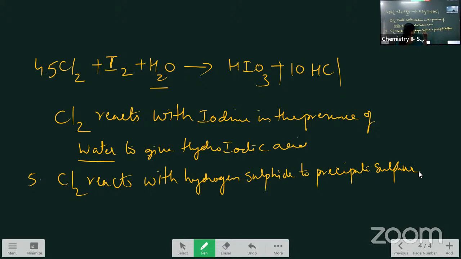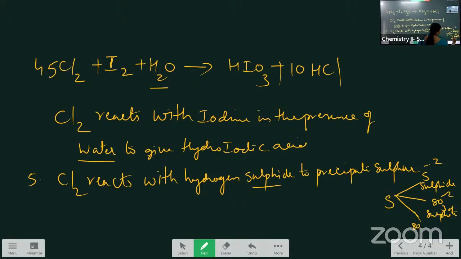Now, what is sulfide ion? So yesterday also I discussed, sulfur forms 3 anions, S minus 2, this is sulfide, SO3 minus 2, this is sulfite, then SO4 minus 2, this is sulfate.